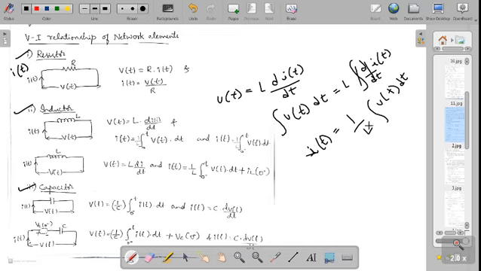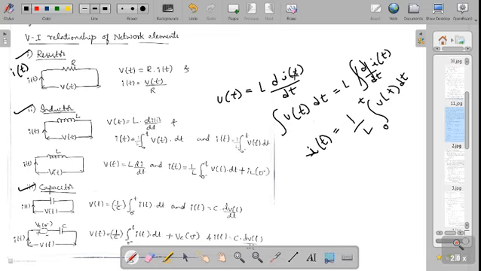So that is being written over here: 1 by L into integration v of t into dt. The integration is from time 0 to t. So that is your current equation.